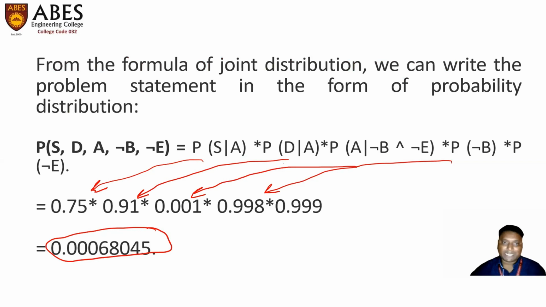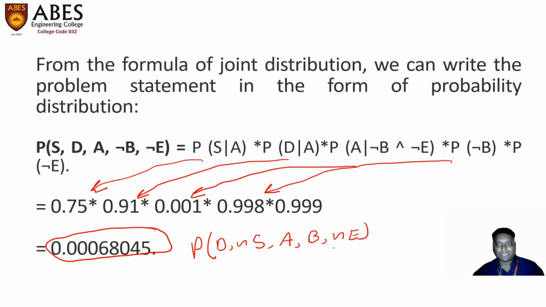In the same way, we can solve a lot of problems. Suppose someone asks you to find the probability that Dennis calls, Sarah doesn't call, alarm turned on, burglary happens, and earthquake doesn't happen. Then what will you do?